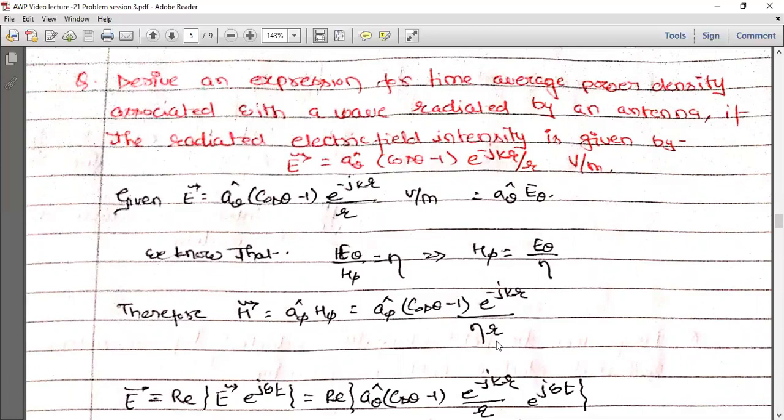So what you have to do right now is to find time average power density. Before we start finding this expression, it is better for us to understand the meaning. So what is the meaning of time average? Generally, in electromagnetic theory, we encounter the cases of propagating waves.